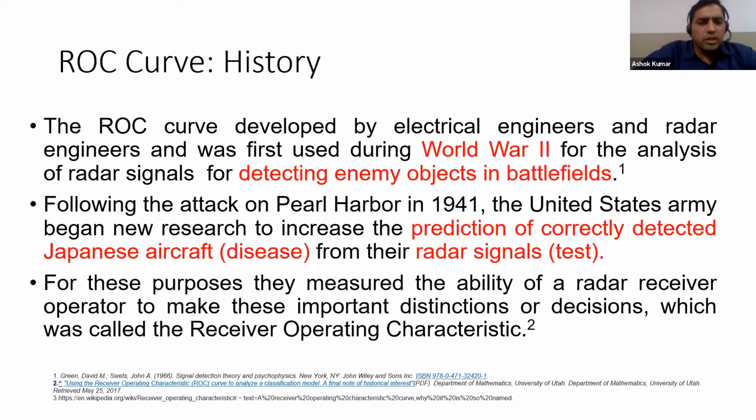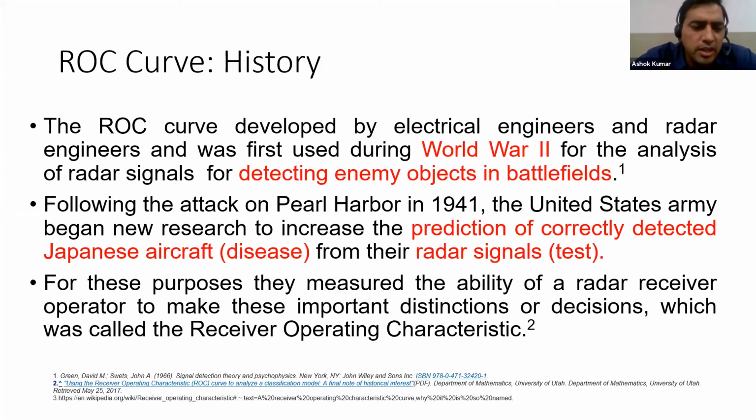The ROC curve was developed by electrical engineers and radar engineers and was first used during World War II for the analysis of radar signals to detect enemy objects in the battlefield. Following the attack on Pearl Harbor in 1941, the United States Army began new research to increase the prediction of correctly detected Japanese aircraft.